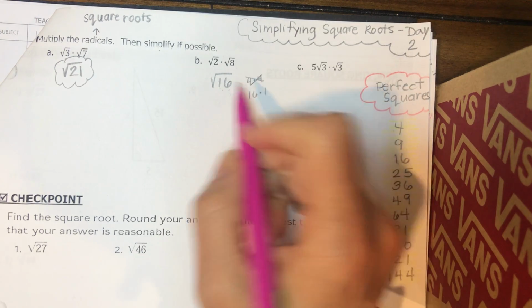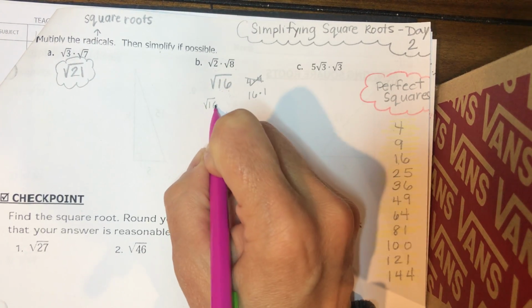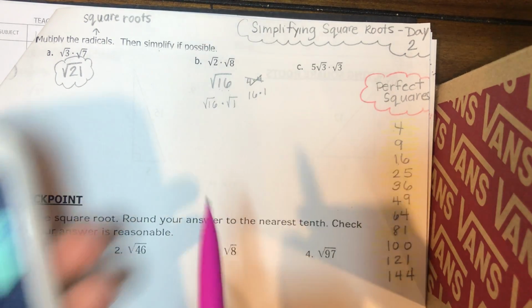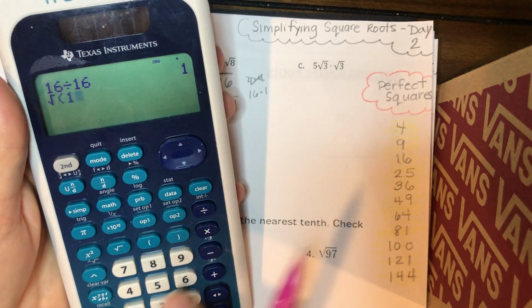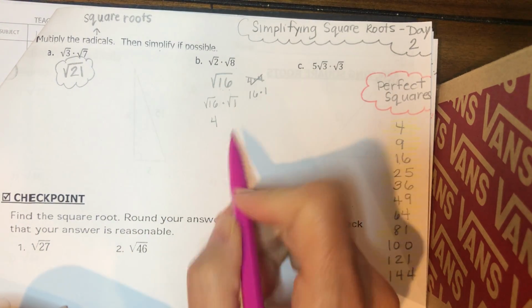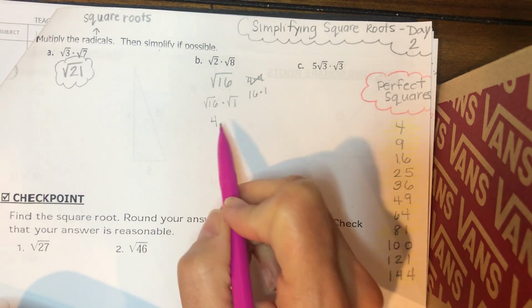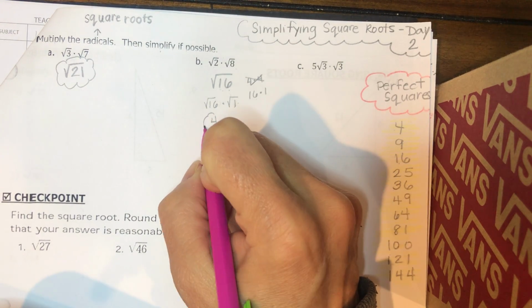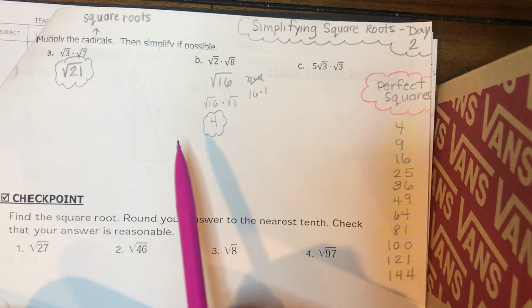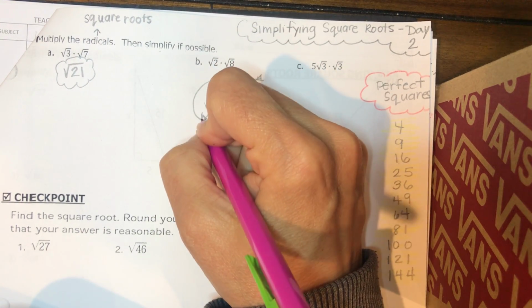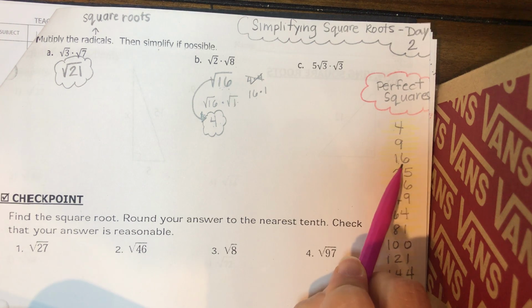So if we want to do it this way, square root of 16 times the square root of 1, the square root of 16 is 4, and the square root of 1 is 1. So if we do 4 times 1, we have 4. The square root of 16 is 4. If it's on this list, it's a perfect square.